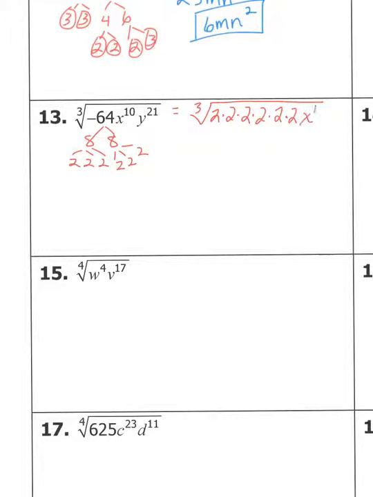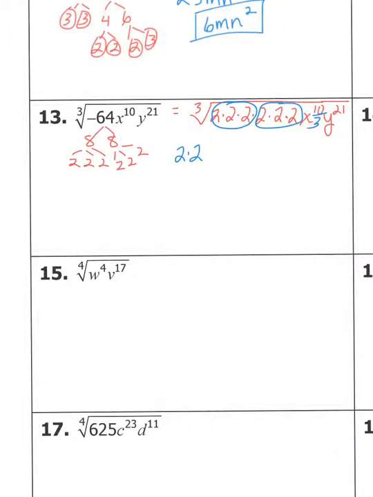And then x to the 10th, y to the 21st. So pull out a group of 3, so 2 comes out in front, another group of 3, another 2 comes out in front, so there's no numbers left over.